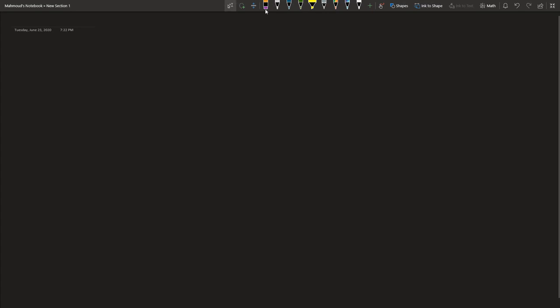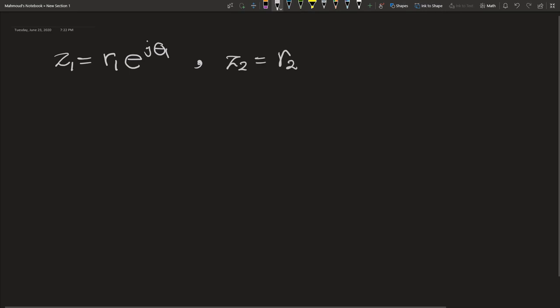Let us suppose that our two numbers are z1 equal to r1 times the exponential of j times theta 1, and z2 equal to r2 multiplying e to the power j theta 2.